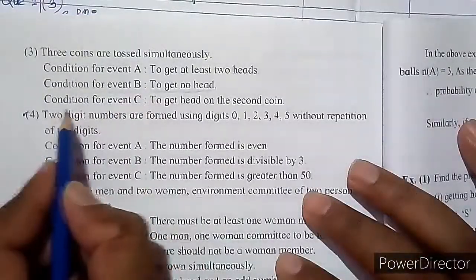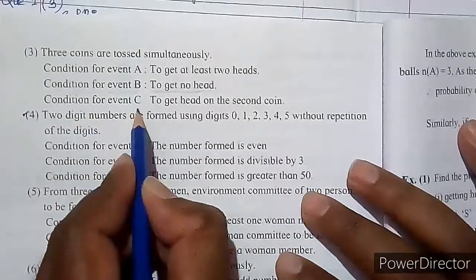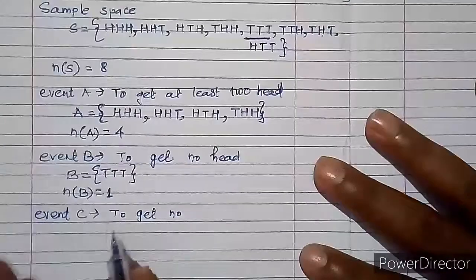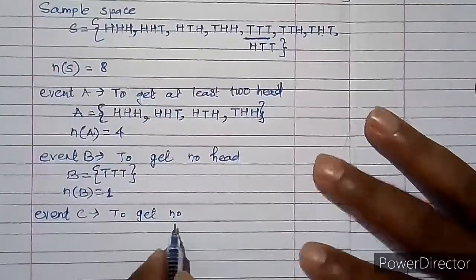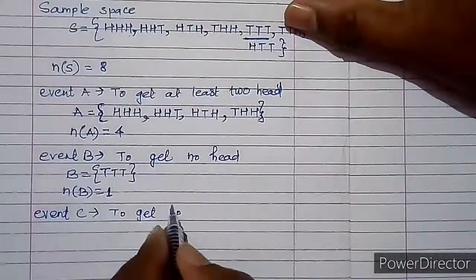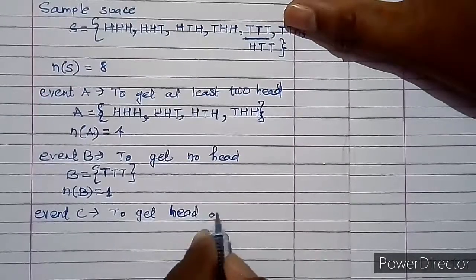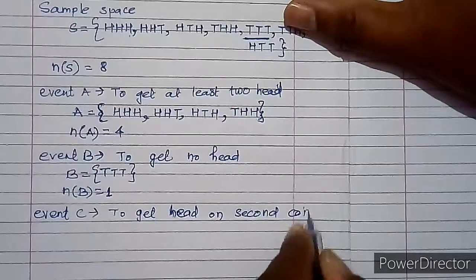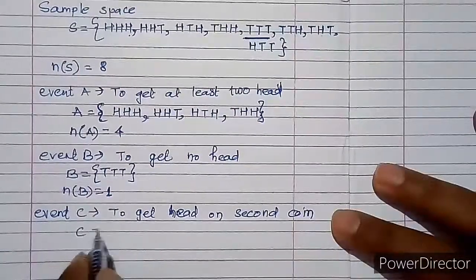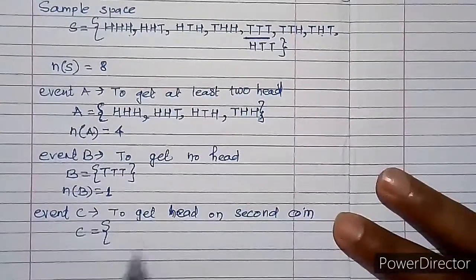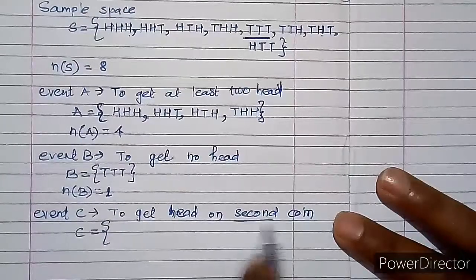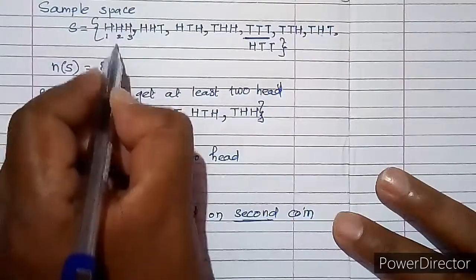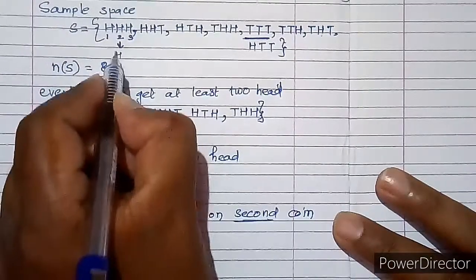Then the given condition for event C is to get head on the second coin. Then write down event C, to get head on the second coin. Then we have to write down set C. Here the members allowed are, on the second coin, meaning here first coin, second coin and third coin, only on the second coin head is allowed.